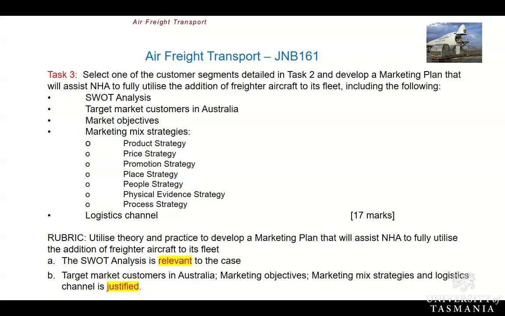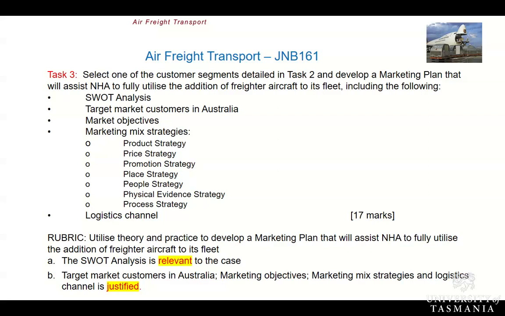Essentially, I gave you some high-level elements. So if you looked at one of those elements of the SWOT and you thought government regulation and you spoke about what that could be, then you're getting a tick.